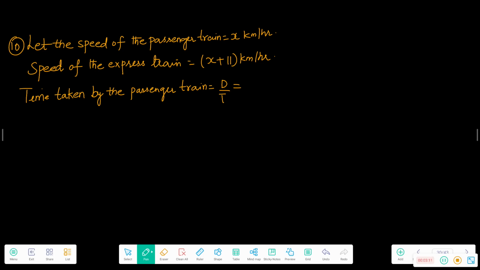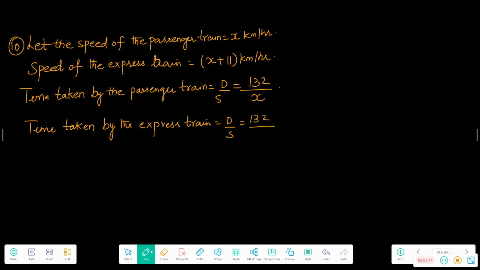The distance given in the problem is 132 kilometers, so 132 by x. Time taken by the express train is the same distance by speed, 132 by x plus 11.